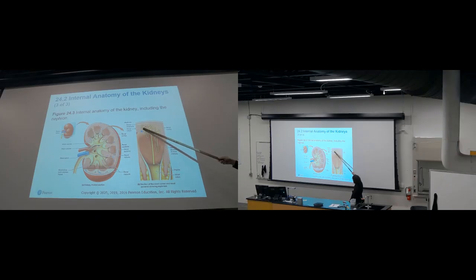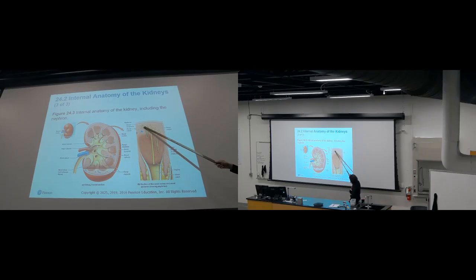The ones that are closer to the cortex are called the cortical nephrons, and the ones that are closer to the medulla are called the juxtamedullary nephrons. Juxta means nearby. So these will be the nephrons nearby to the medulla, which is here. And then this is the pyramid. This is the apex, and the base faces towards the cortex, while the pyramid faces into this papilla, next to this minor calyx.